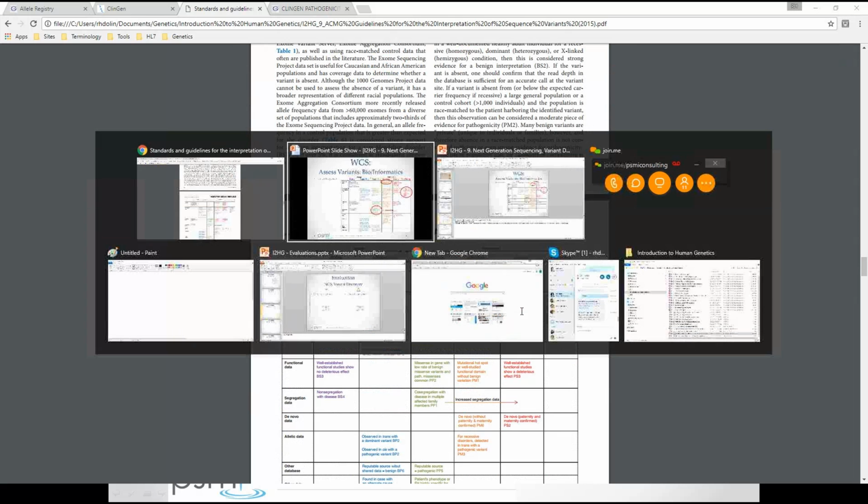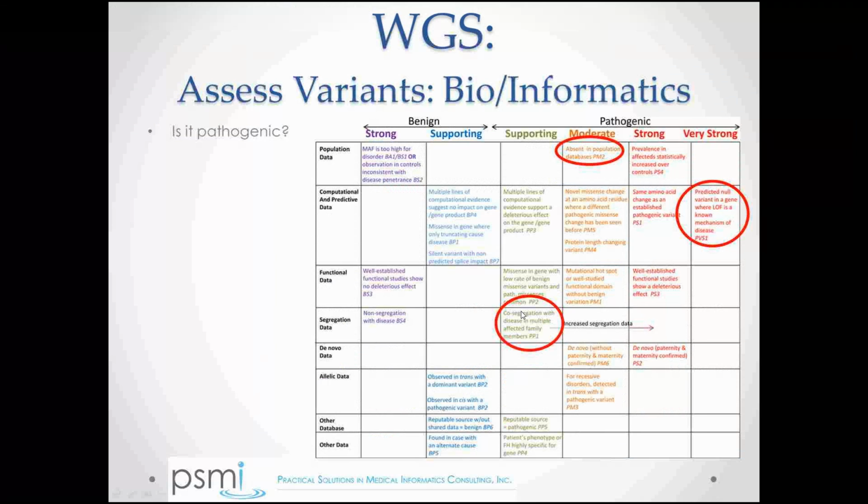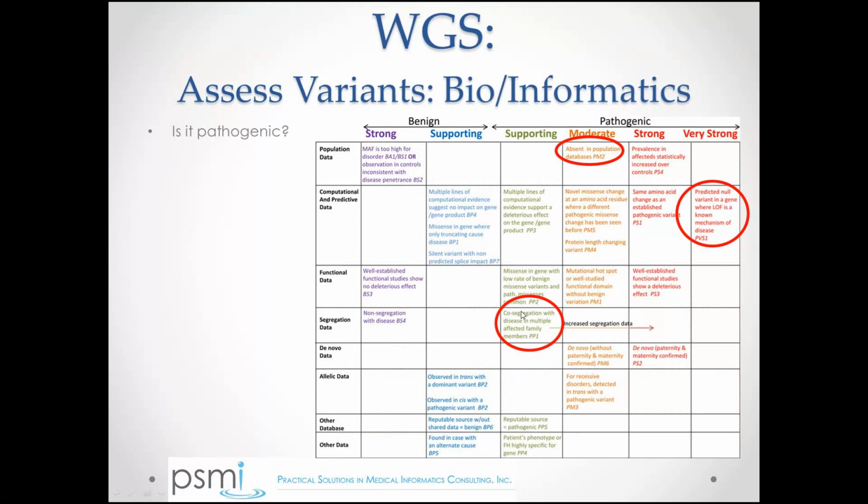And what they try to do here in the ACMG guidelines is come up with a way that we can consistently, across labs and across research settings, determine whether or not a variant is pathogenic and speak the same language, so that if two labs report a variant as pathogenic and they both say it's based on ACMG guidelines, then we have a level of confidence in that.